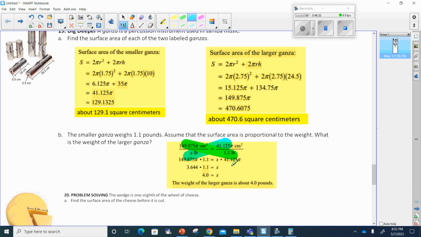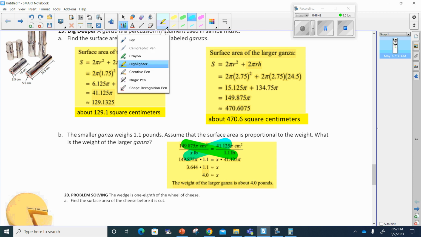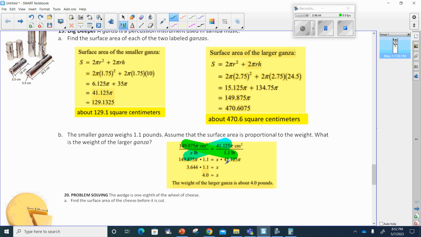But since we've got an x here, it would be smarter to do our division first. So we're going to divide 41.125 away, and I'm going to show that math here because they're really not showing how they got that.